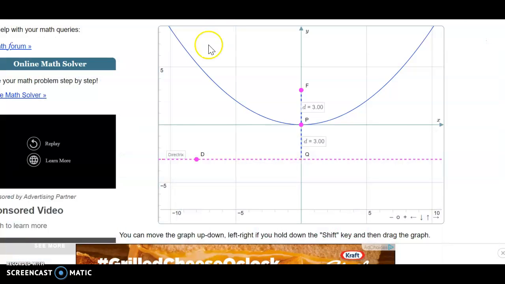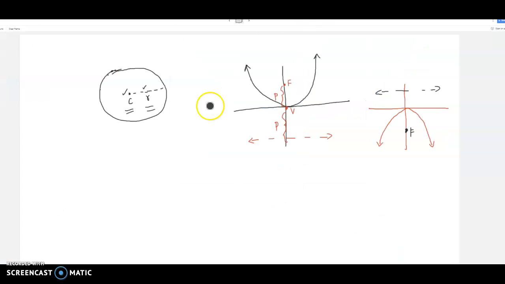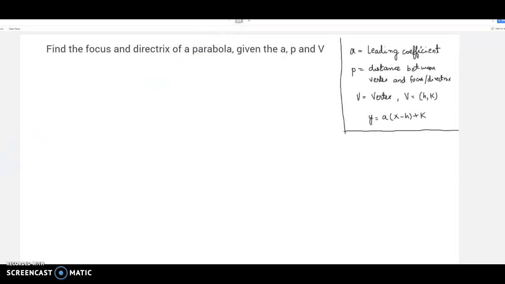So to sum up, all we have to do is this. Let me go to my first screen that we had. All we have to do is remember that when a is positive, the parabola faces up and my focus is inside and my directrix is below it. And when a is negative, my parabola faces down and my focus is still inside the parabola, so it goes down and my directrix is above.